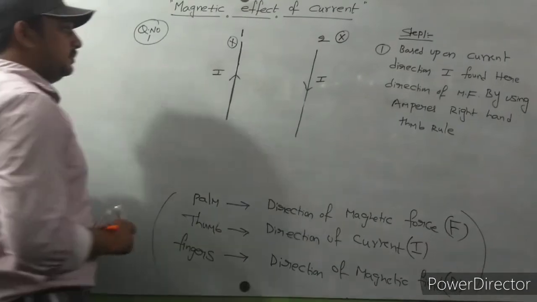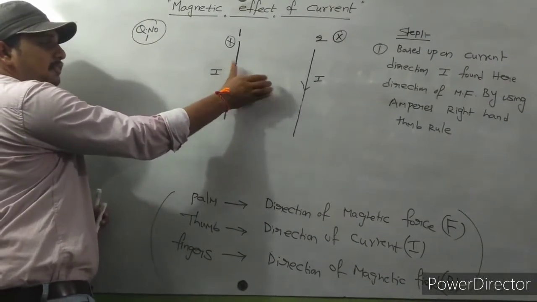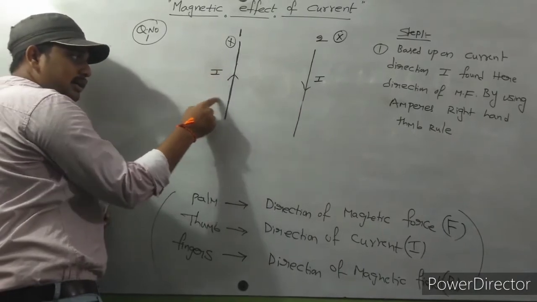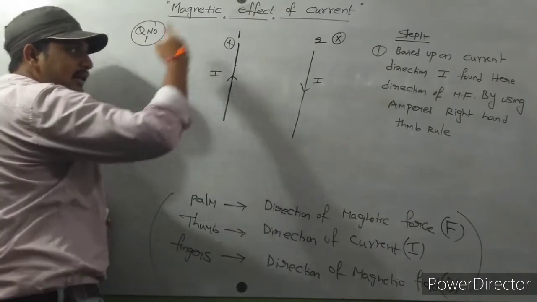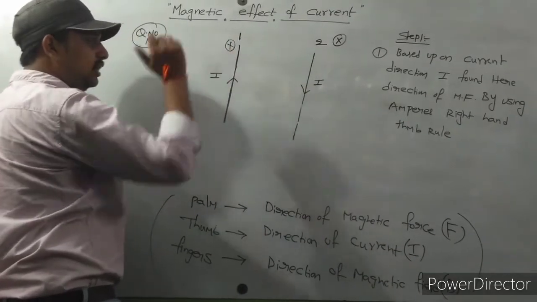So this is the first step. Here the thumb indicates the direction of current, and the curling fingers indicate the direction of magnetic field. This conductor produces a magnetic field that is acting on wire 2. This conductor produces a magnetic field that is acting on wire 1.